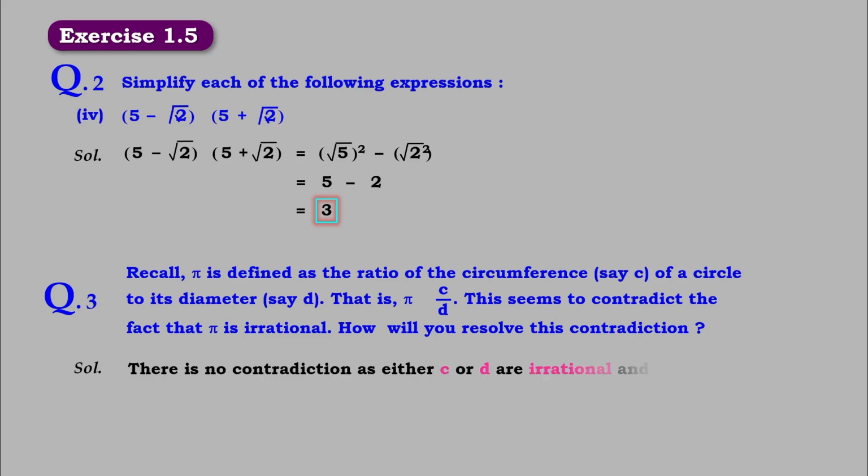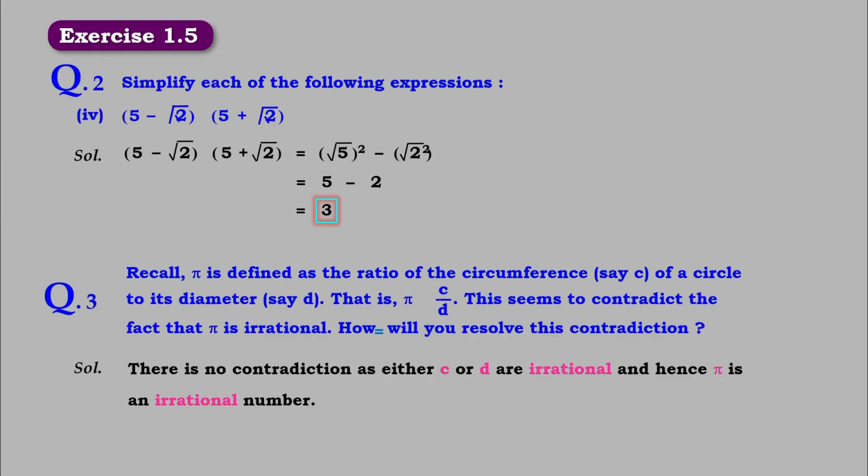So let us take a look. There is no contradiction as either c or d is irrational and hence pi is an irrational number. Why in this case c or d?